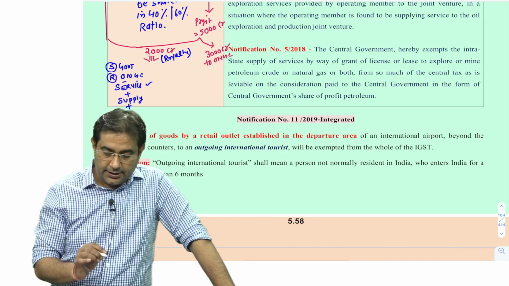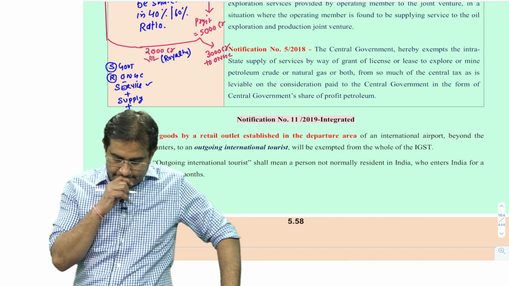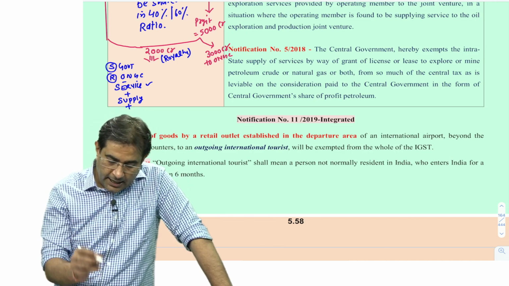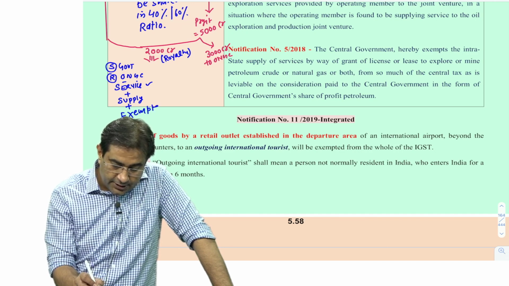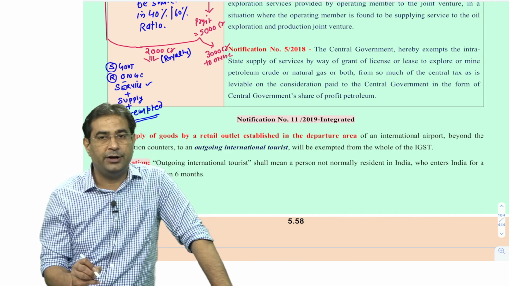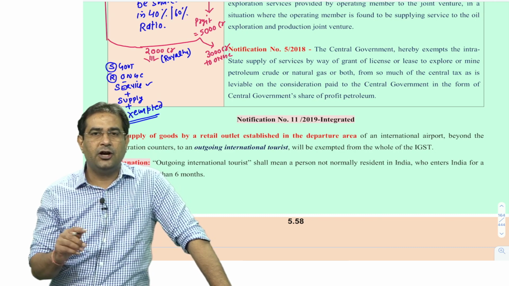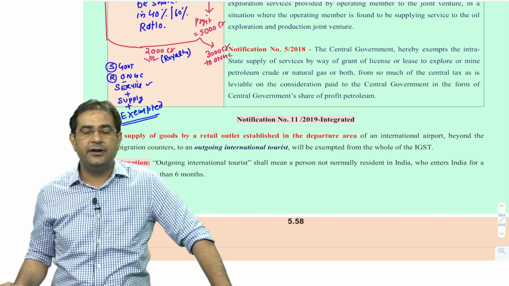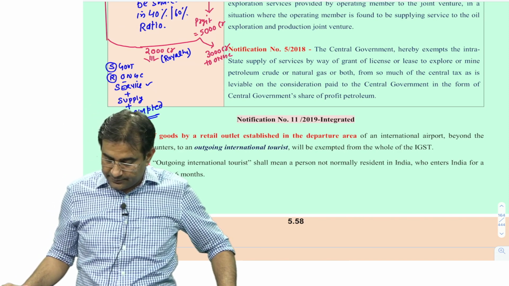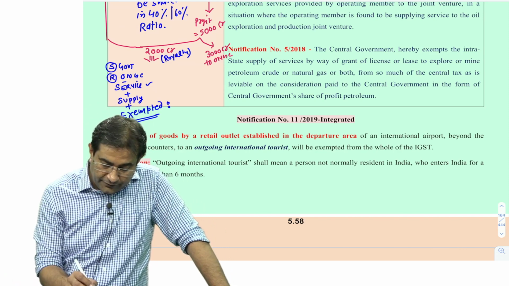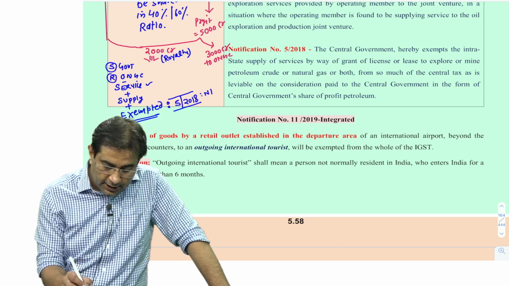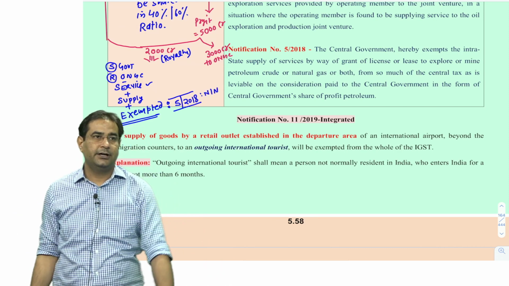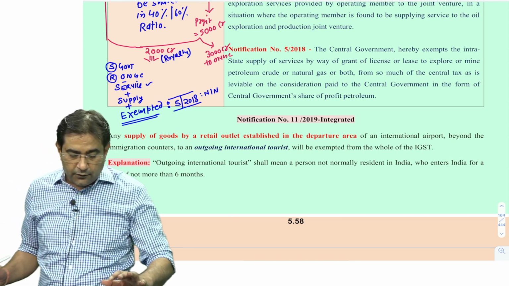And whether it is finally exempted, because it's a service provided by the government. You know very well, lots of services given by the government are exempted, and a separate notification, number 5/2018, is issued with respect to it. This is the notification number, my dear. It is exempted.